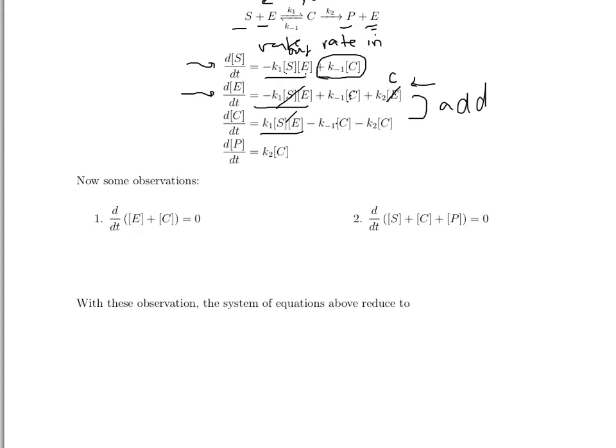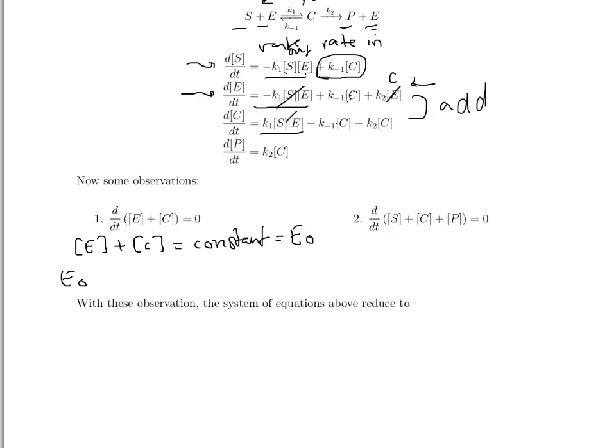So the sum of the middle two terms is 0, which means that the derivative is 0, and the only way a derivative is 0 is if the function is constant. So E plus C is some constant, and we'll call that E0. So E0 is the total amount of enzyme that's either in the free or bound position.